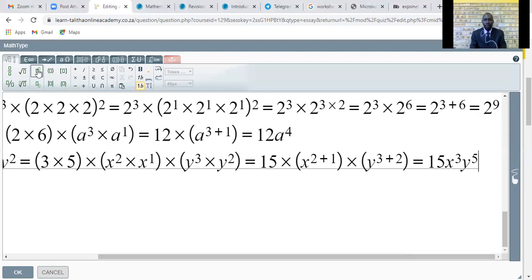So notice that this recap was meant to make an extensive explanation of the identities that are very important for us in exponents and also the laws of exponent. But we have looked at only the first law of exponent.